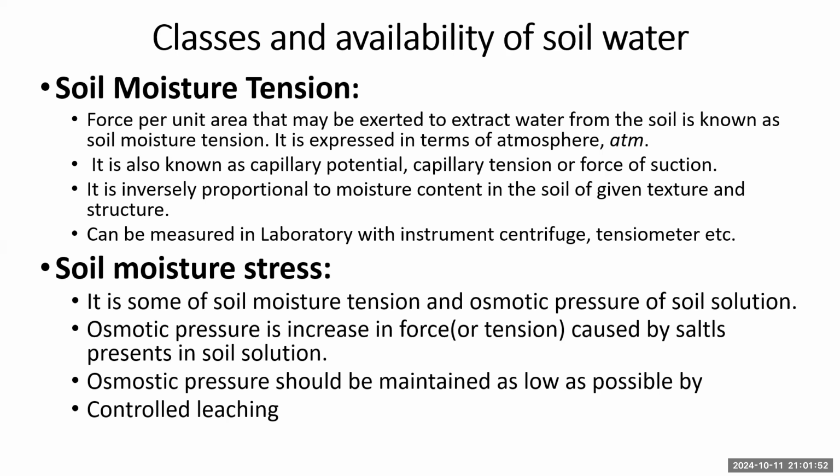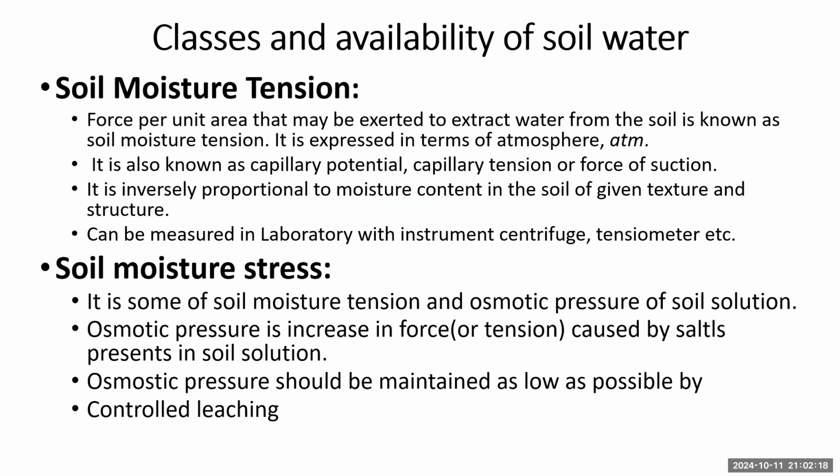It is also known as a capillary potential, capillary tension, or force of suction. Soil moisture tension is also known as a force of suction because it is a force per unit area which is exerted to extract water from the soil. So that's why it is called a force of suction.